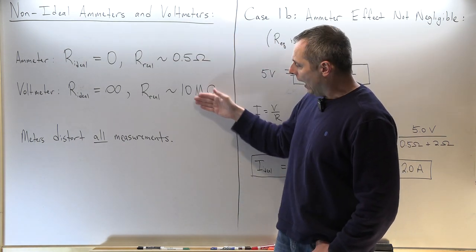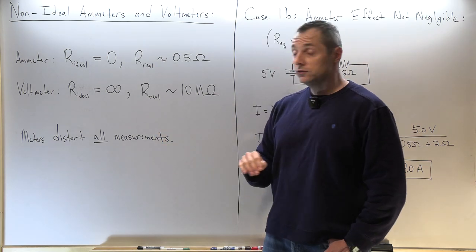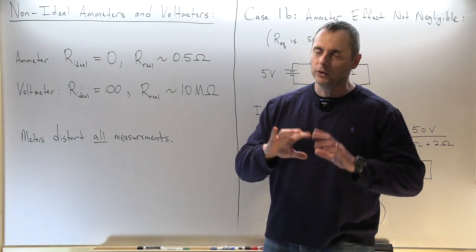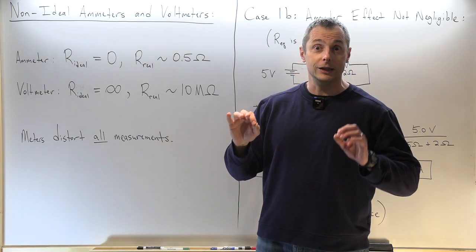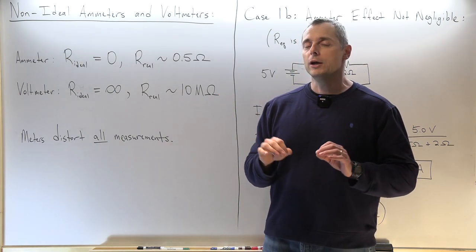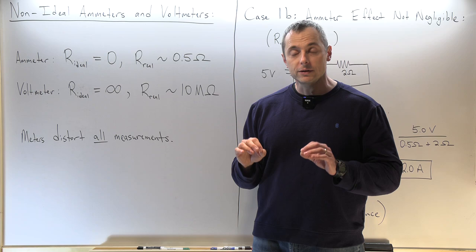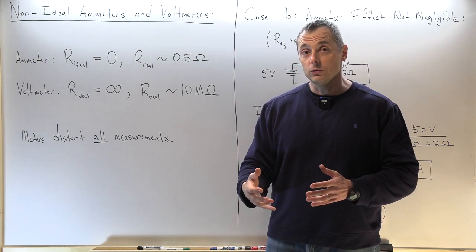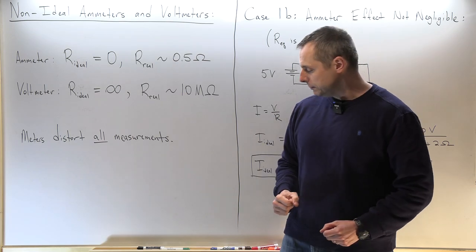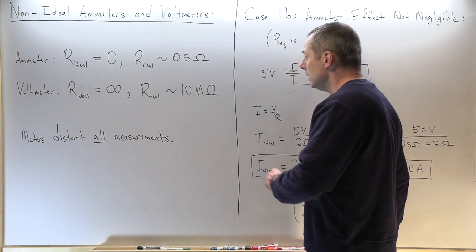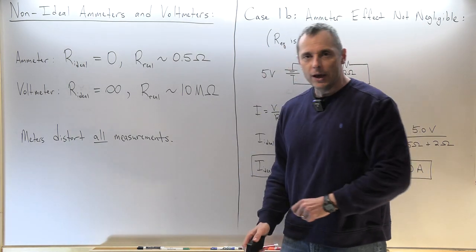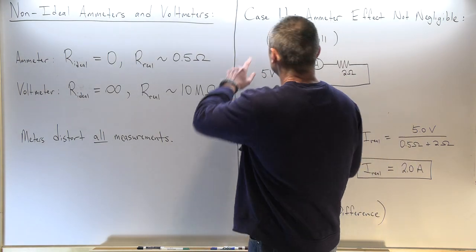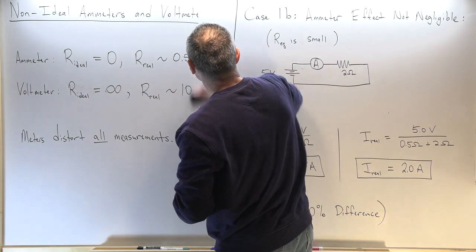And these facts mean that meters distort all measurements. Sometimes so little, we don't even have to worry about it. Other times a lot, and we have to worry about it. So that's the point of today, figuring out exactly how much and whether or not we need to worry about the meter distorting the measurement. All right, so jot this down if you haven't already. And now I'm going to erase to make room for case 1A over here.